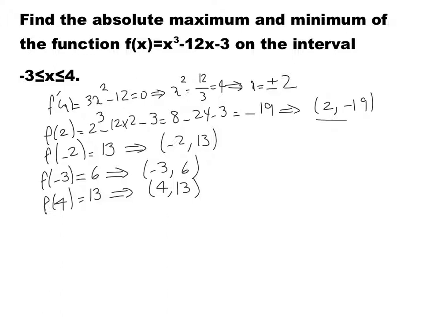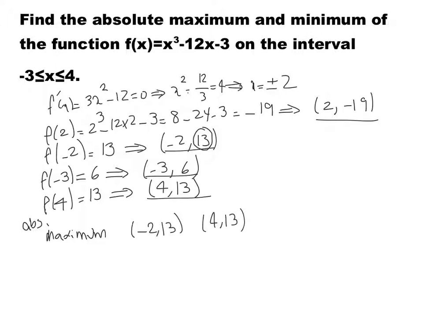Now, if you look at these points, you can see that 13 is the highest value for the function. So we can say the absolute maximum occurs at negative 2, 13 and 4, 13. Negative 2, 13, remember, is a local maximum, and 4, 13 is our endpoint.